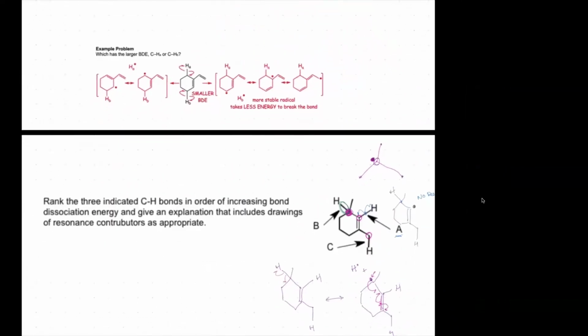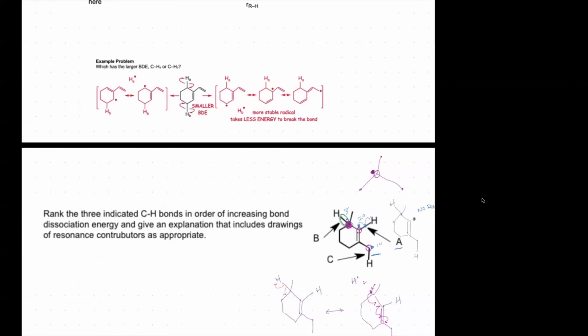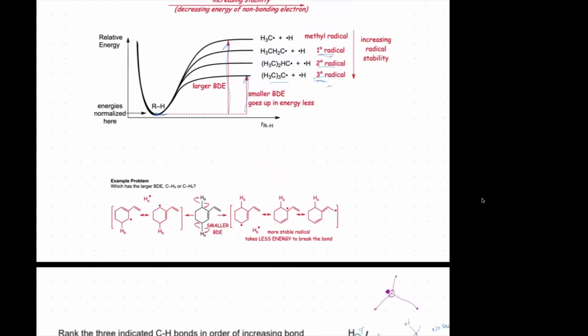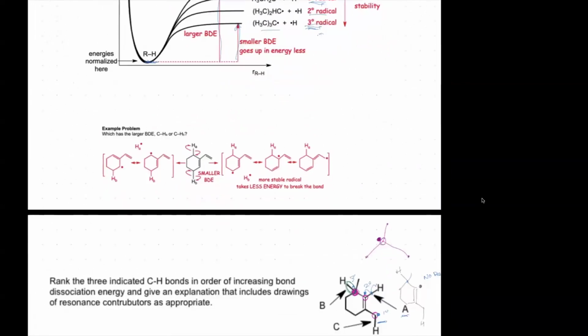For example, the radical here is first degree. For this one, the radical will be here and it would be a second degree radical. For this one, it would be here, and it would be a third degree radical. So you could say that this one would have the highest bond association energy because it has the furthest to travel. First degree radical is higher than third degree radical.